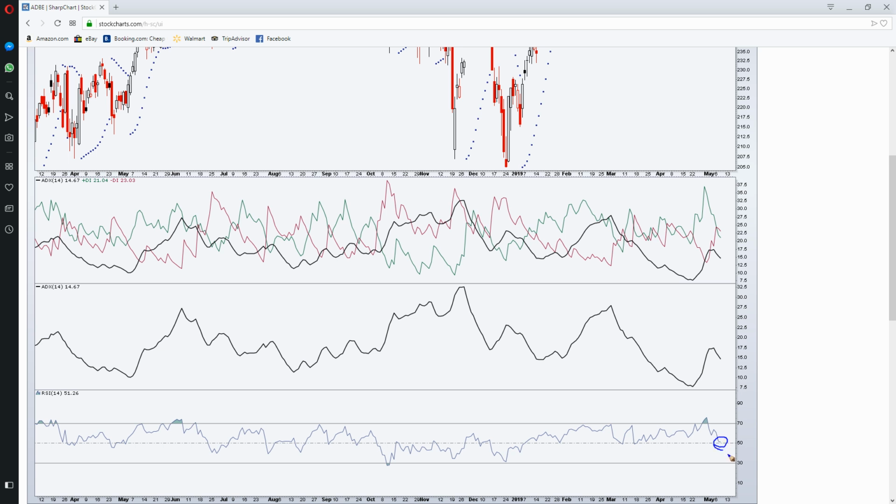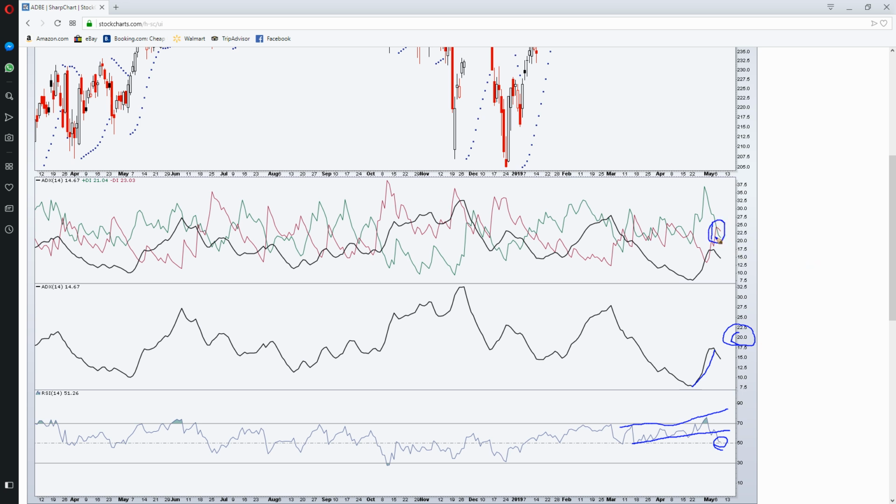What's the RSI tell us? The RSI tells us that the heavy upward trend in relative strength has come to an end. That's what it tells us. It's pretty neutral. The ADX tells us we're not really in a trend environment below 20.